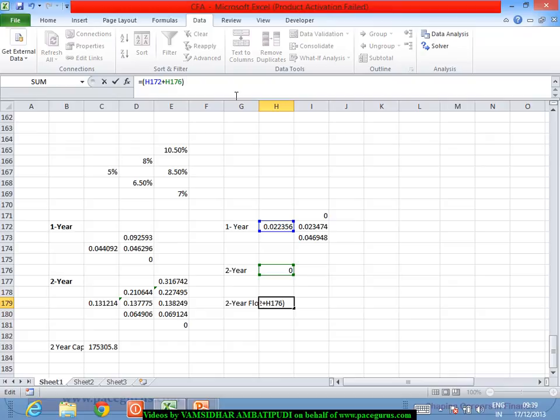So if I multiply the same by 1 million, this is giving me 22,356. So a 2-year cap is costing me 175,000, whereas a 2-year floor is costing 22,356. This is how we do the pricing for a cap and floor by taking considerations of caplets and the floorlets.